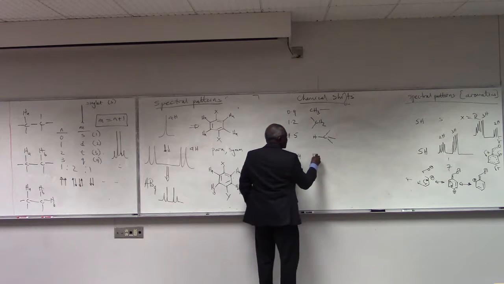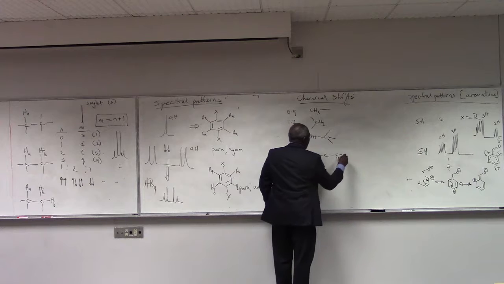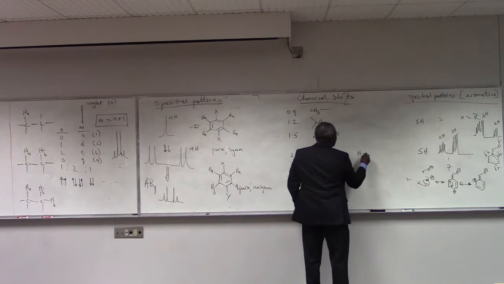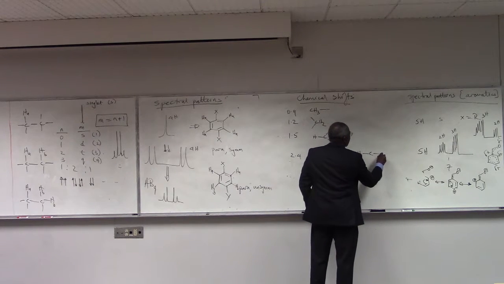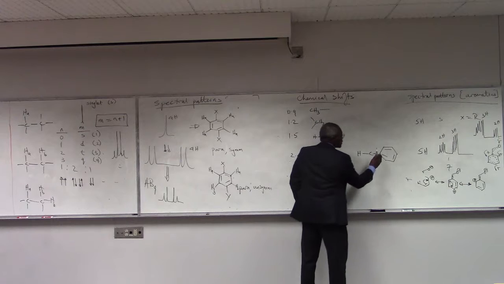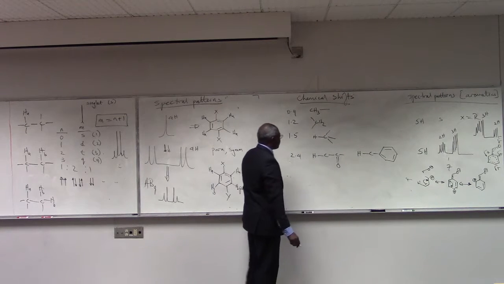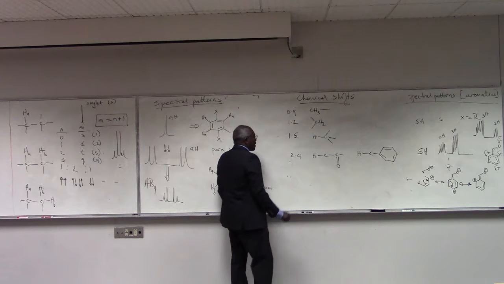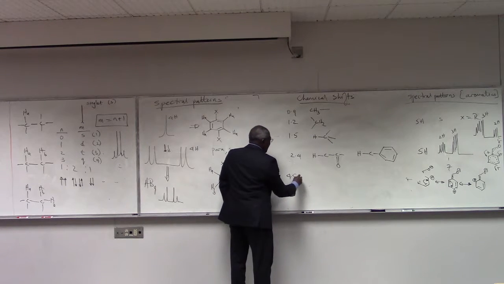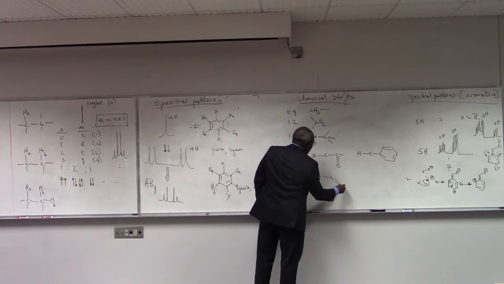2.4 suggests H attached to carbon attached to carbonyl. It also is H attached to a carbon attached to benzene. Not the H directly attached to the benzene ring, but the H attached to carbon attached to benzene ring. Between about 4.5 and 6, you have H attached to a carbon-carbon double bond.